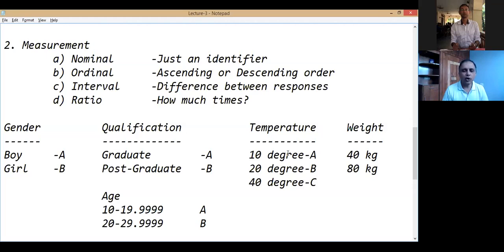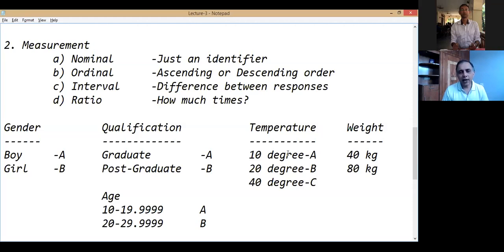So please look for another example, marks. If I have your marks, out of 600, the marks are, first person got 510, other got 500. So I can say the person having 510 marks got 10 marks higher than the other person. I can consider it as interval.